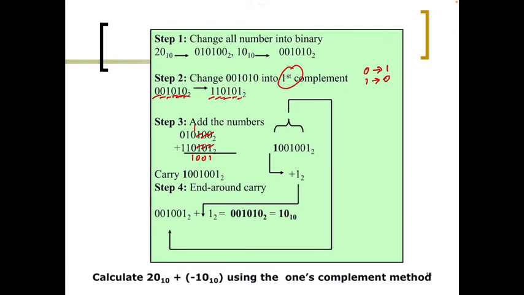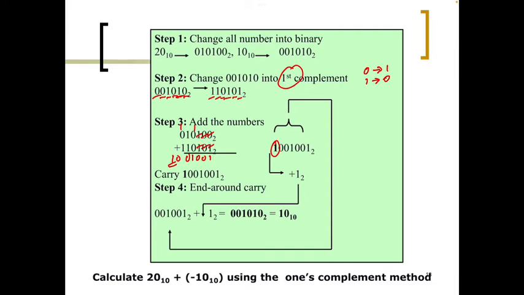Then 1, then 1 0, carry 1, and then we have 1 0. If you can see here, we have a 1 in front. What we do right now is we need to add this 1 into our answer here.